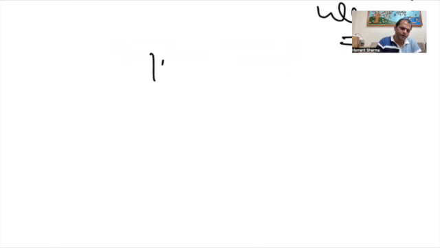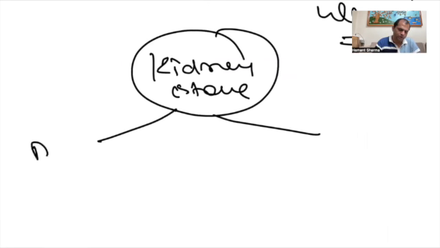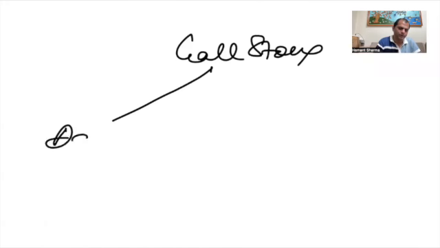So if we talk about the kidney stone, kidney stone might be damp heat. Even the gallstone might be damp heat.